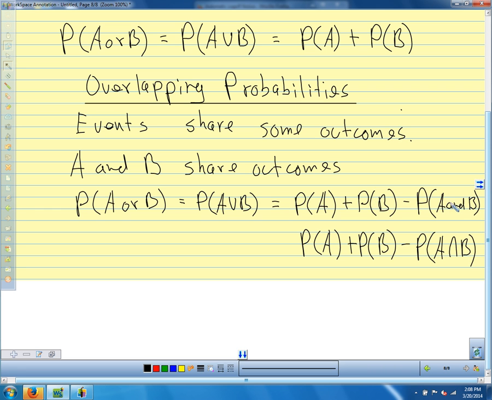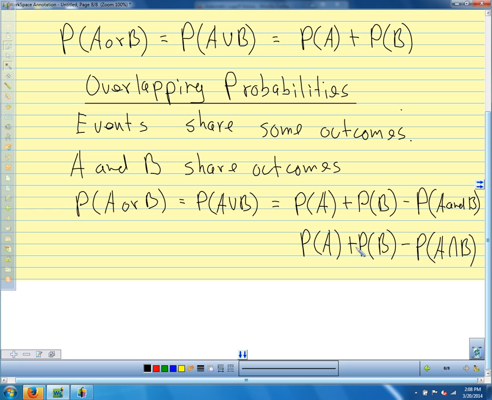So we have to subtract the probability of the events that overlap to get the probability of the two, because these count the overlapping probabilities. Questions there?